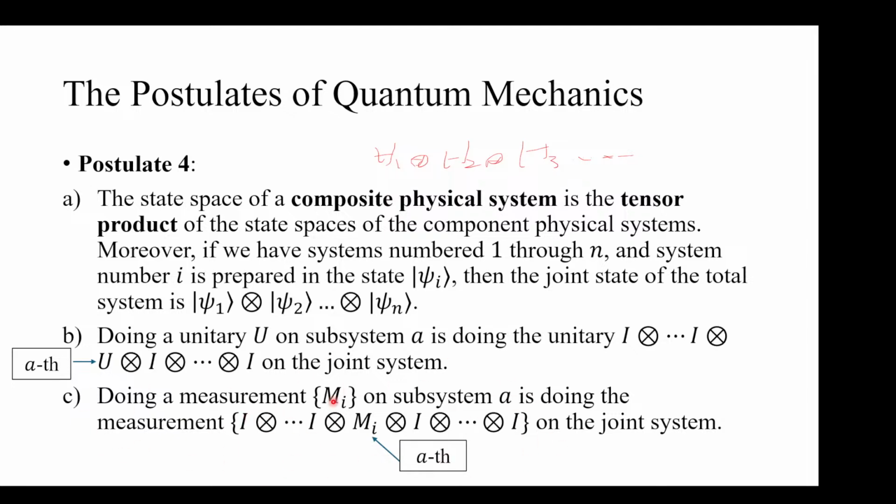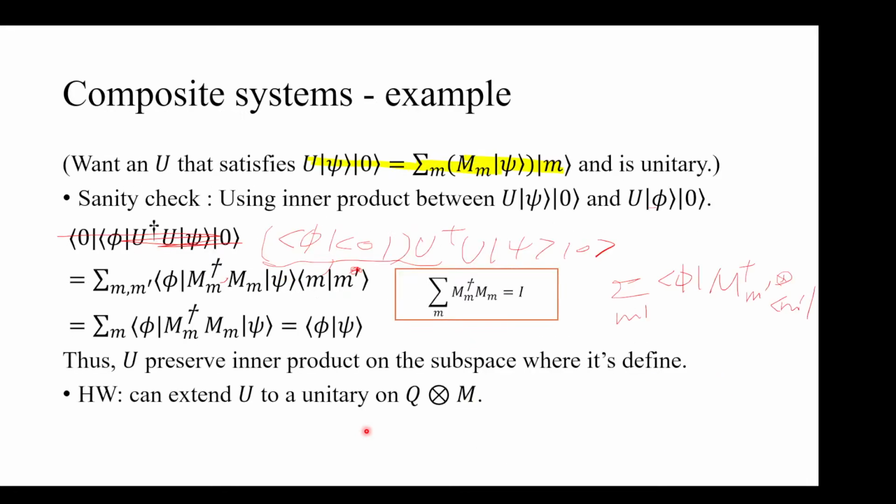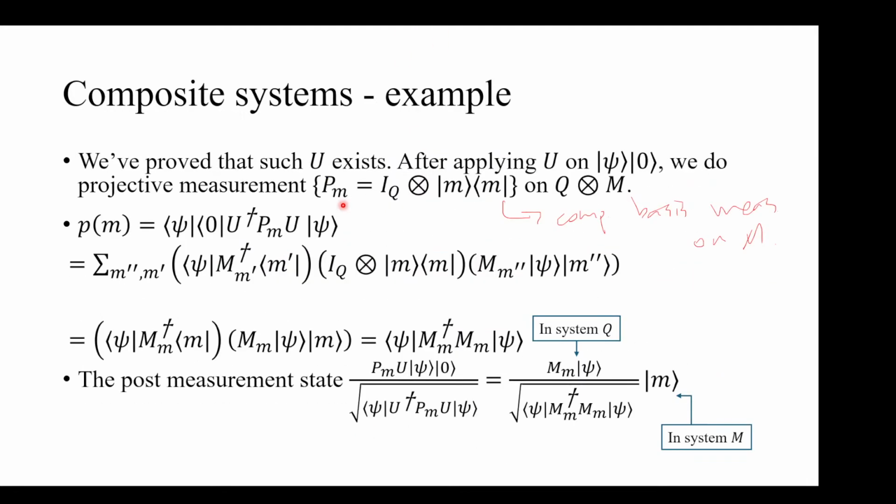On the system big M, we have the measurement operator that's the projector on small m, and on the joint system, the measurement operator will just be identity tensor the projector onto small m. Okay, so we have those measurement operators. Finally we apply our measurement rule on this joint system Q tensor M and see what the post-measurement state, the measurement outcome, and the measurement outcome probability are.